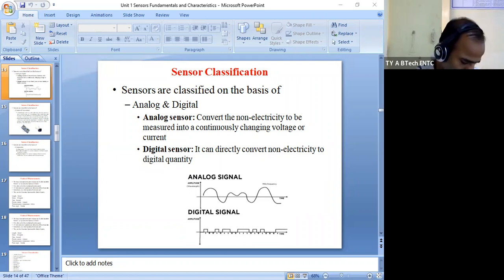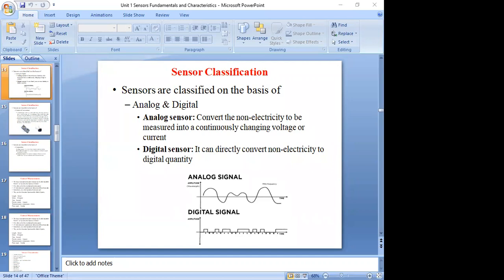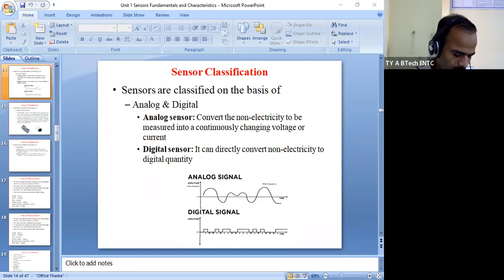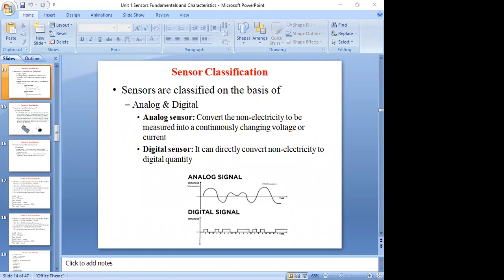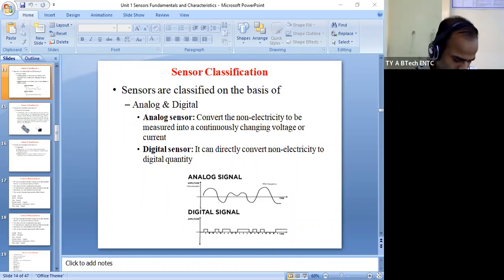Pratiksha. Are you there in meeting? Yes, sir. 23. Komal Thorat. Who is there? Komal Thorat. 9 present. 13 present. 21. Okay. So completed this.